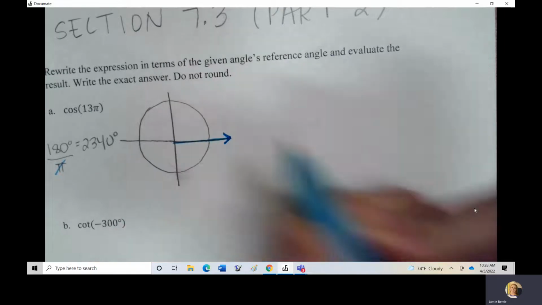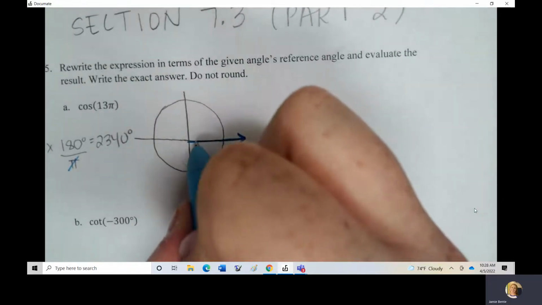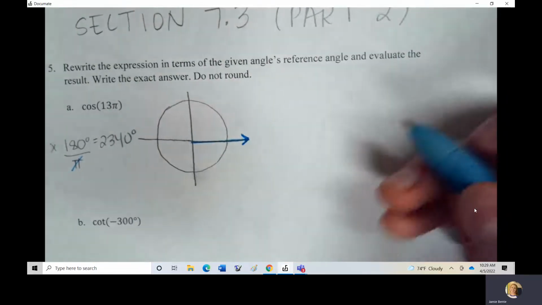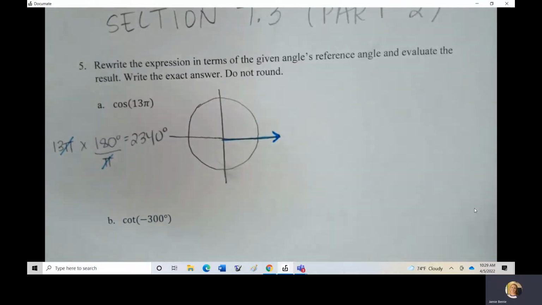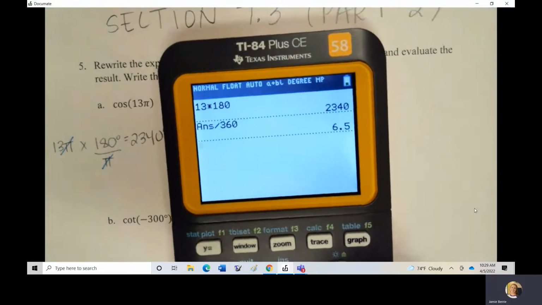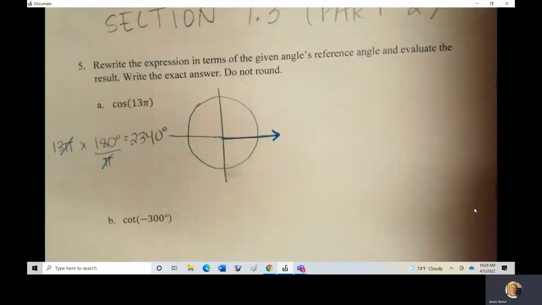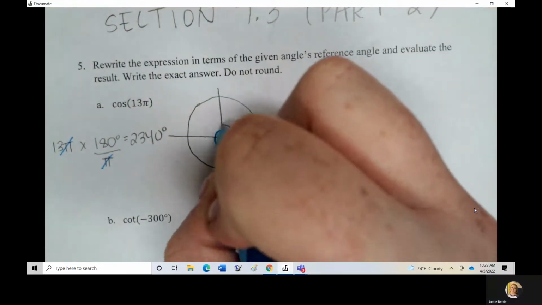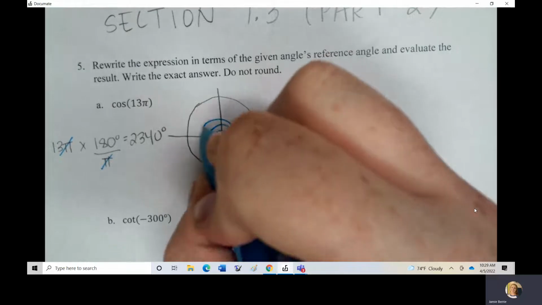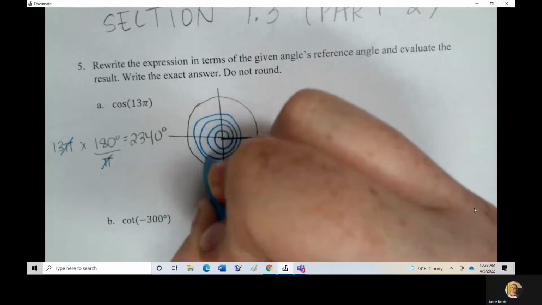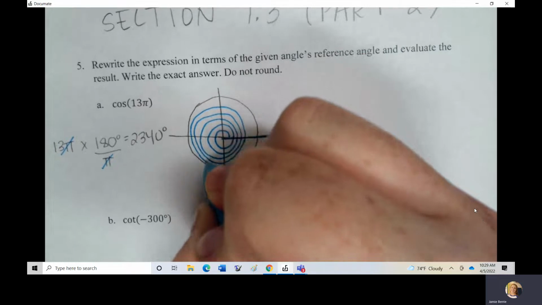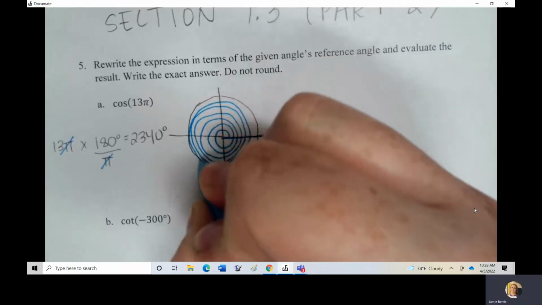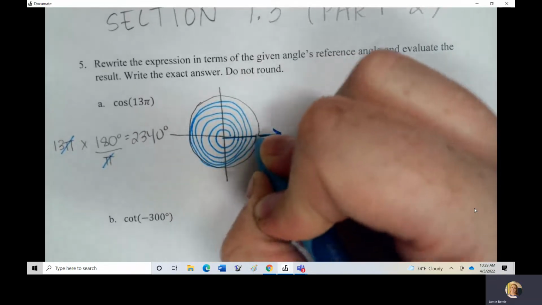All right, there's our initial side. We're going counterclockwise since this is a positive angle, and it told us to revolve around 6.5 times. So 1, 2, 3, 4, 5, 6.5.